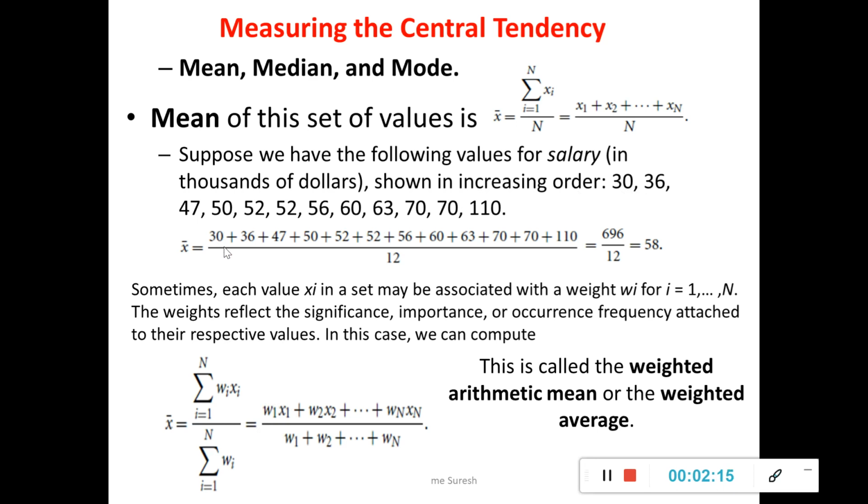Say for example, if I give a weightage of 0.5 to 30, it indicates that half of the people in the organization have a salary of 30,000, and if I give a weightage of 0.75 for 63,000, that means 75% of employees have their salary as 63,000. That is what I call the weighted arithmetic mean or the weighted average, wherein a given data object in a data set is given weightage based on its frequency of occurrence.